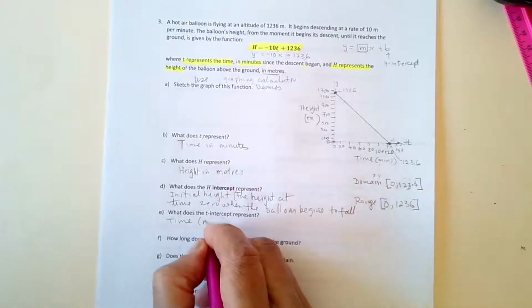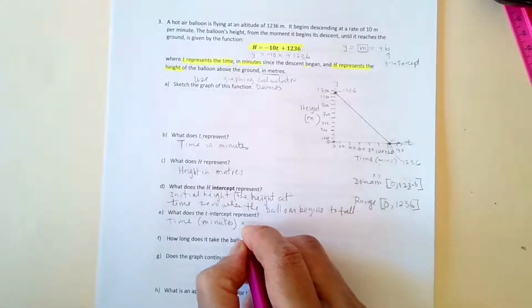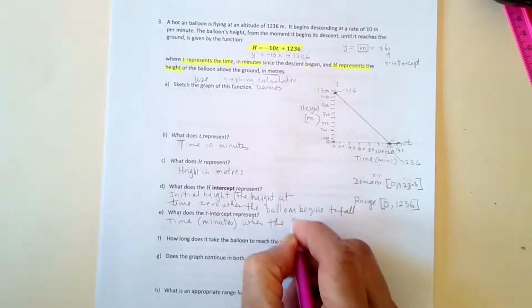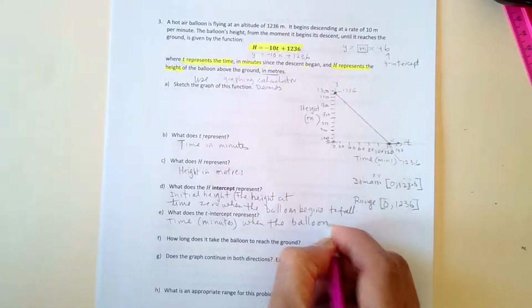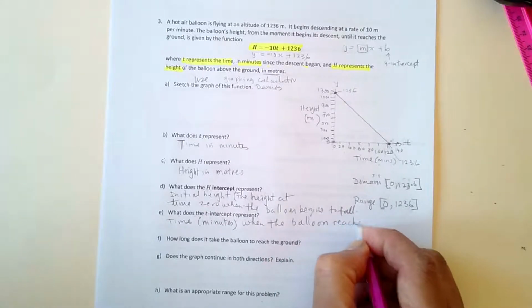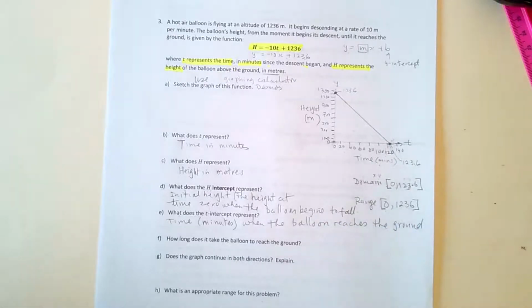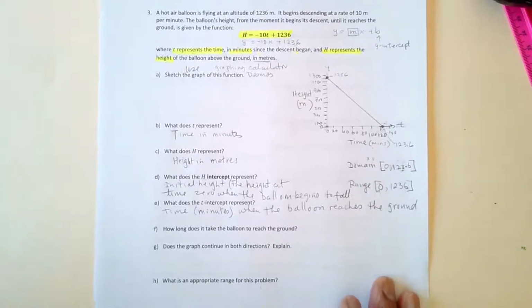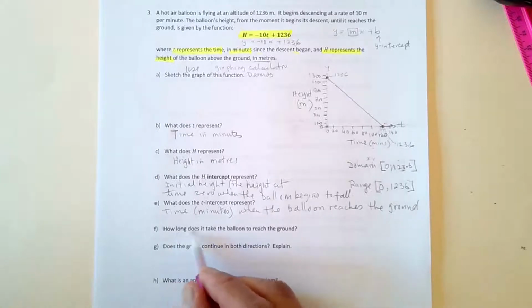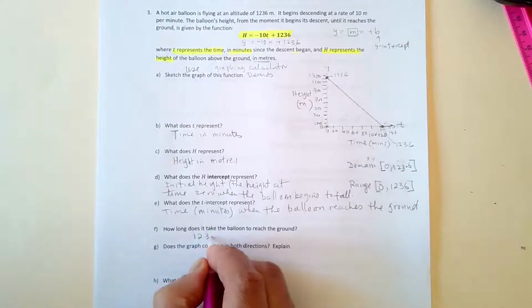So time in minutes when the balloon reaches the ground. Now, how long does it take the balloon to reach the ground? See that here. It's 123.6 minutes.